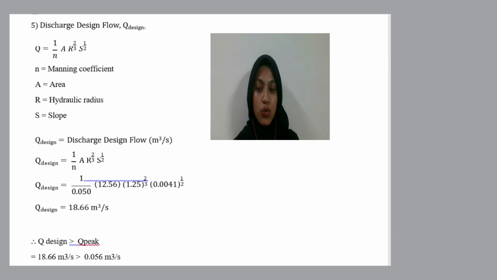So our Q design is 18.66 m³/s. If we can see, the Q design is bigger than Qp. So it can manage to mitigate the flood that can occur at the project site.